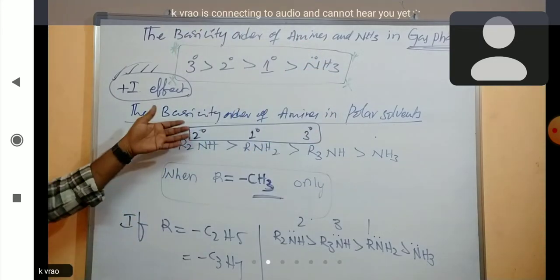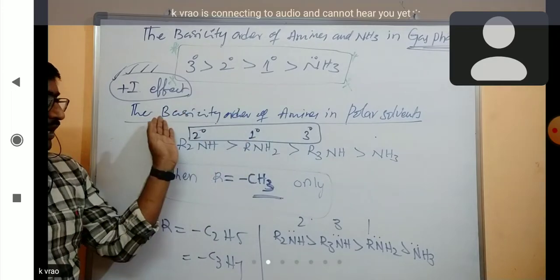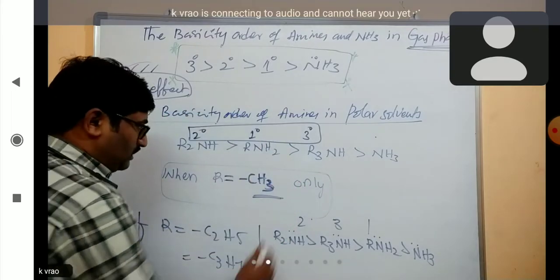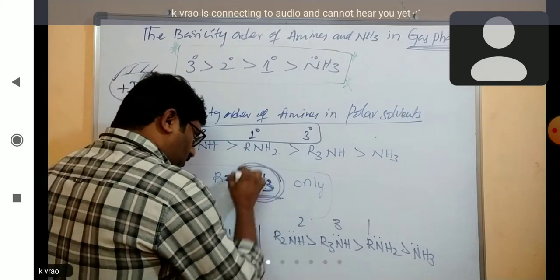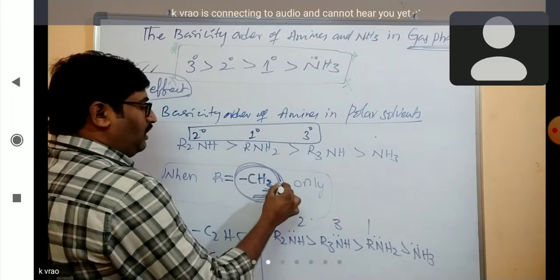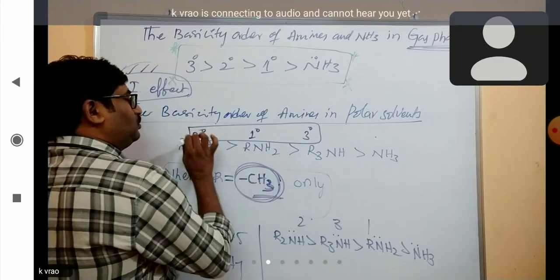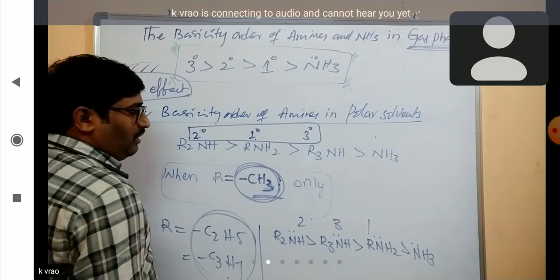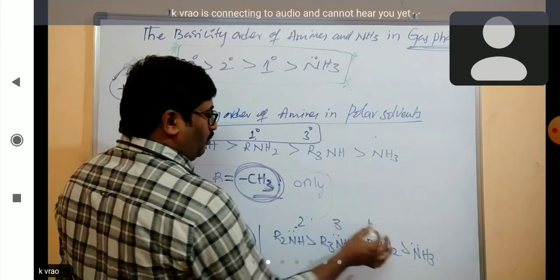Now when the amines are dissolved in polar solvents, then if the group is the smallest group, it has the smallest number 213. If the group is the largest, it has the largest number 231.